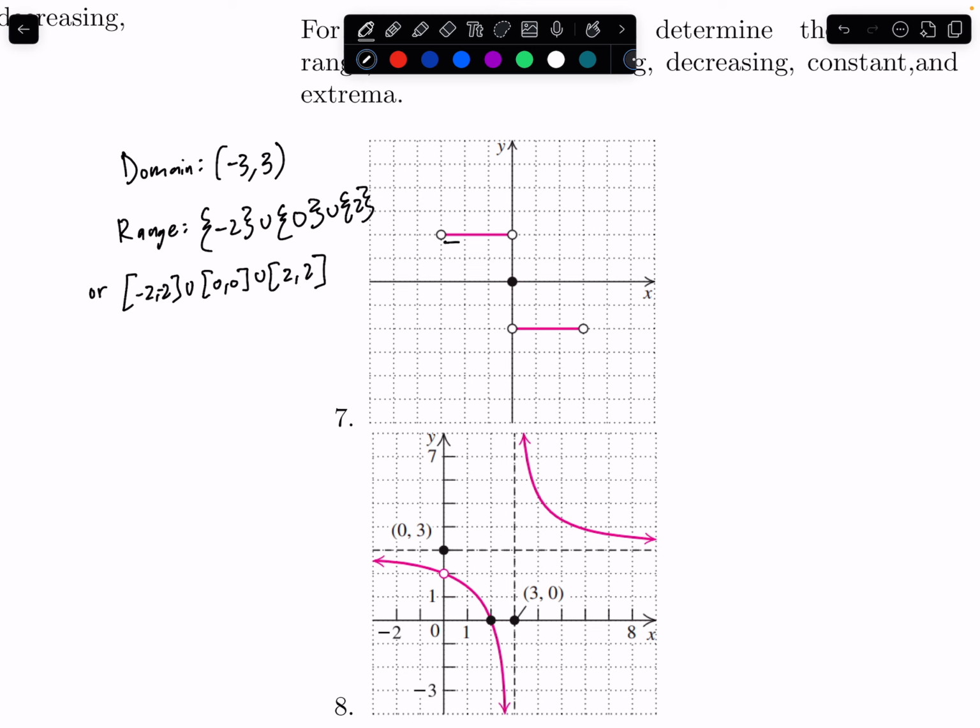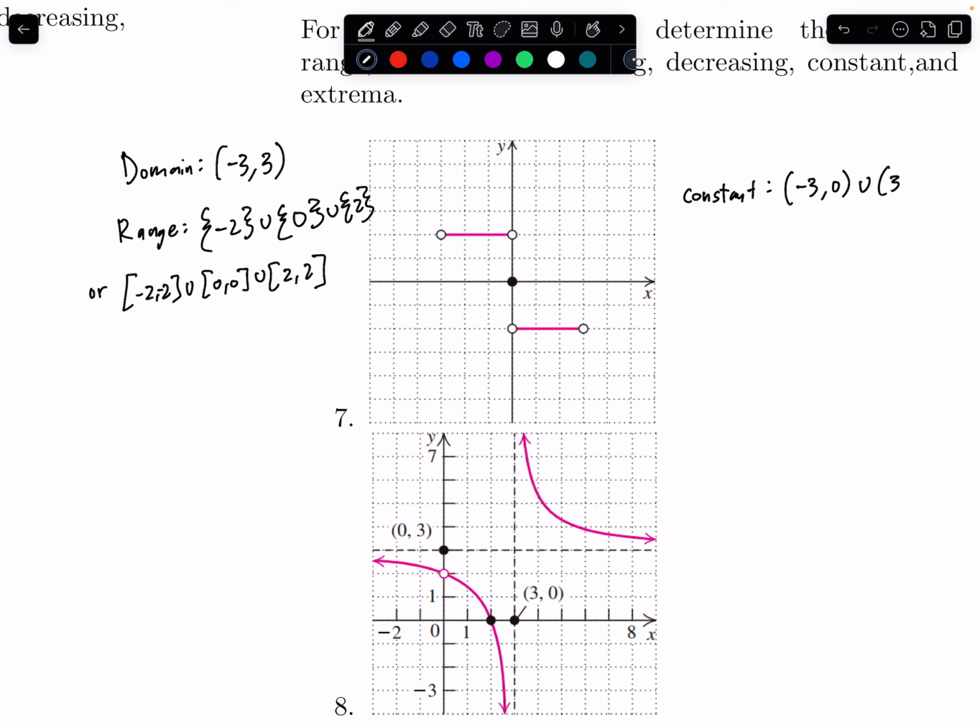But where is it constant? Okay, from here to here, it's constant. From here to here, it's constant, right? And the single point is not increasing or decreasing or constant. So no increasing or decreasing, just constant. From -3 up until 0.